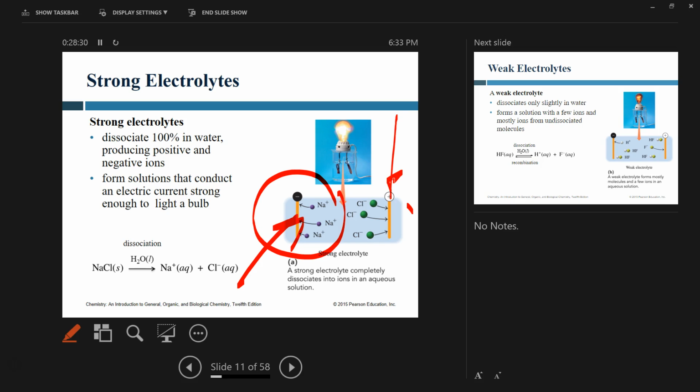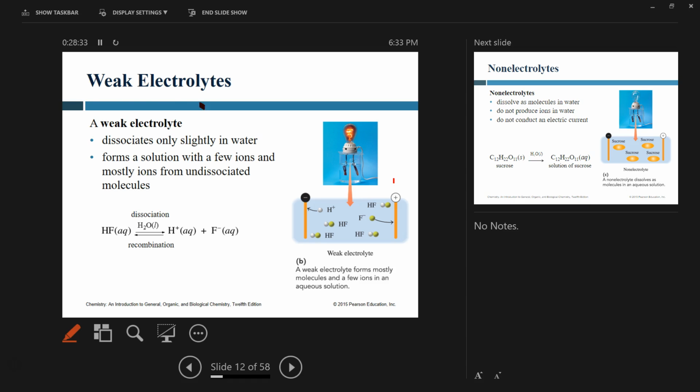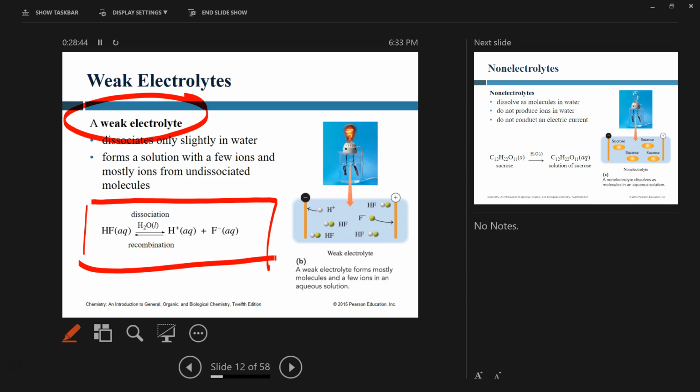Now, weak electrolytes do not completely dissociate in water. They form both ions and molecules. So this equation of dissociation of hydrofluoric acid shows you that the dissociation reaction is reversible. So there are some cations and anions, and there are some molecules. And this image here shows you the same.